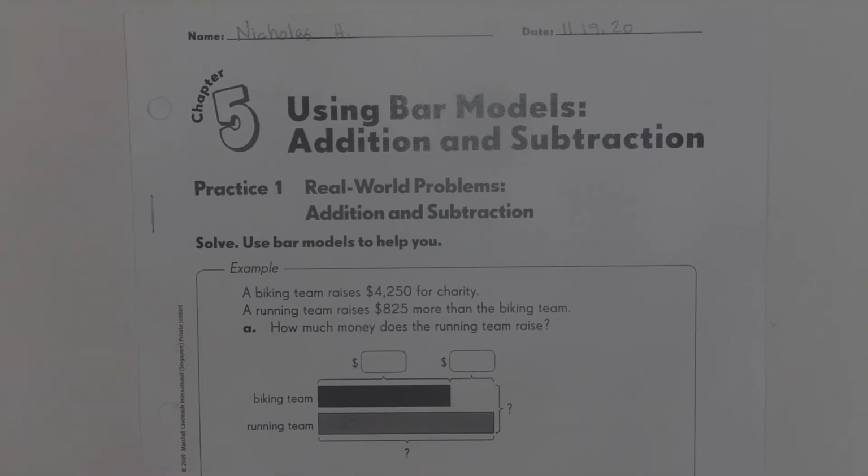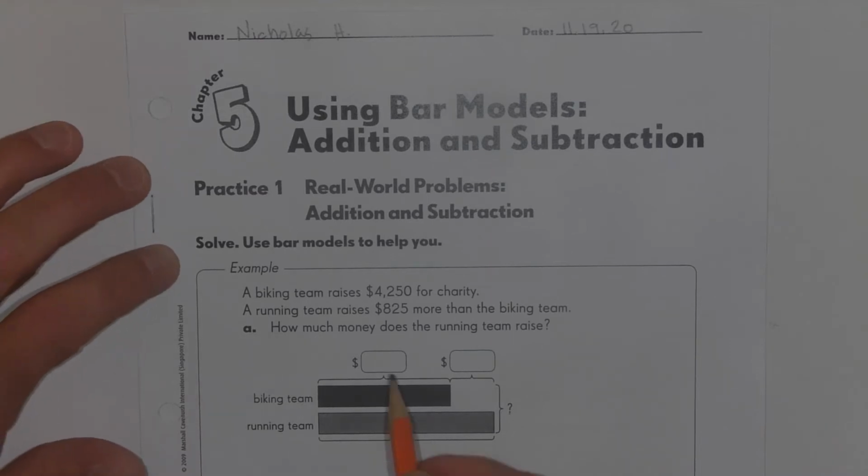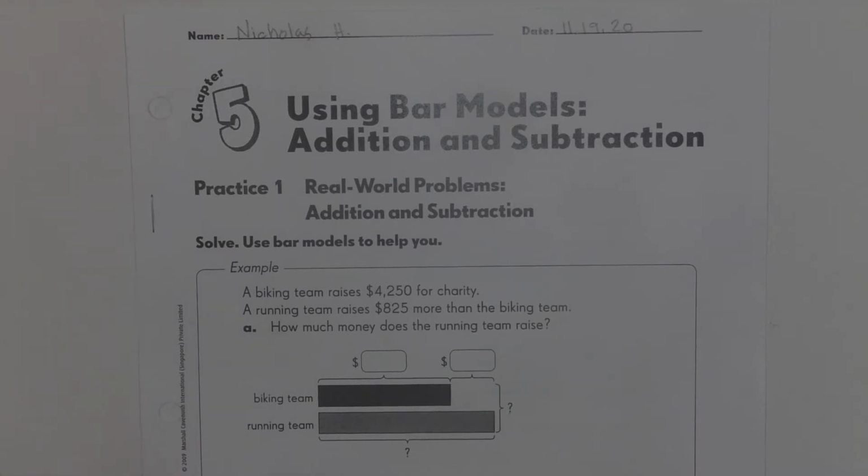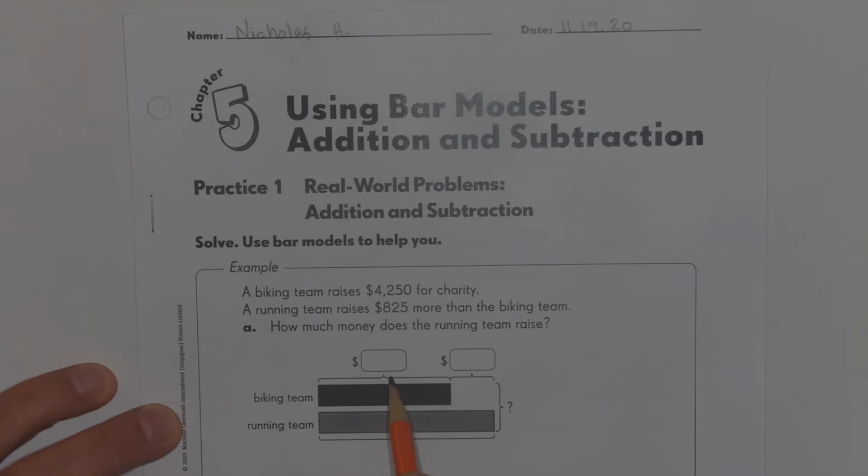The second thing I can tell you is that these numbers have to do with money, and it's likely that they give them to me because there are empty boxes that I can fill them in. They might not, we'll see in a minute, but a number should go here, the number for the biking team, however much money they have.